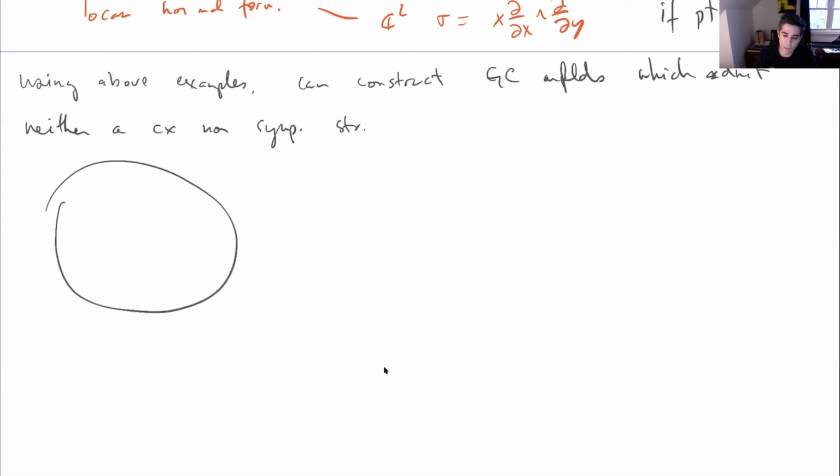So you see, the example that I gave was that of CP2. But CP2 we know has a complex structure to begin with, and we deformed that to get this example. And we know that it also has a symplectic structure. So in a way, people might be less impressed because you just started with CP2 and you deformed it.